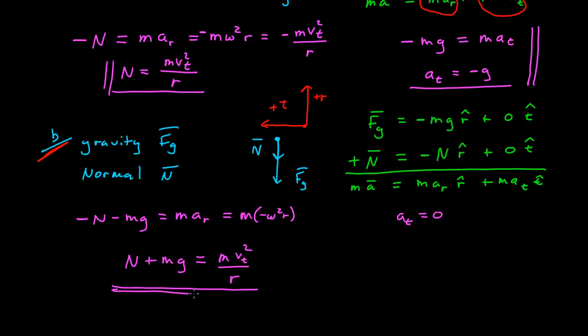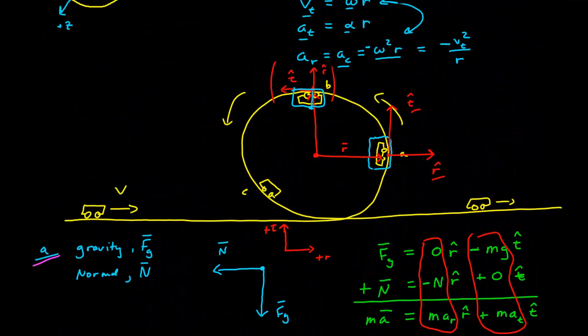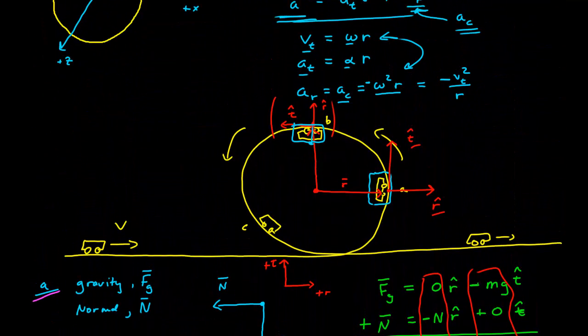And in point B, both forces are providing the centripetal acceleration, and the tangential acceleration is 0. All right, so now let's do point C, which mixes things up a little bit. This is now here going down at some angle relative to the horizontal, which we will call theta.